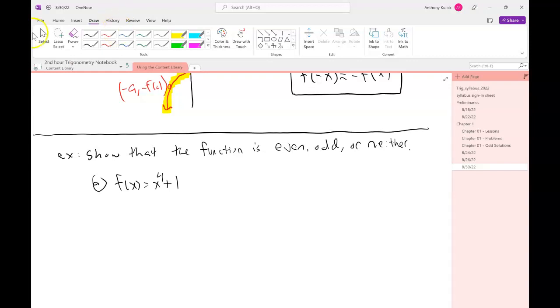The first thing that I'd want to do is to look at the graph so I can tell which one of these three I should be shooting for. Everybody cool with that plan?